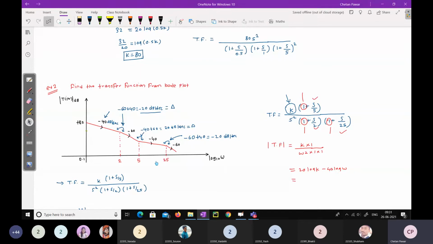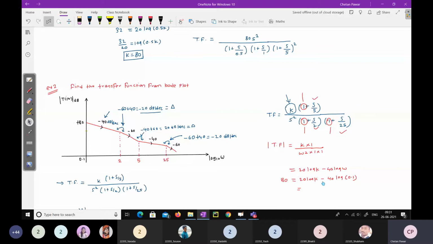So what is the magnitude at 0.1 frequency? That is 80 dB. So 80 equals 20 log of k minus 40 log of 0.1. What is the log of 0.1? That is -1, so this will be plus 40.